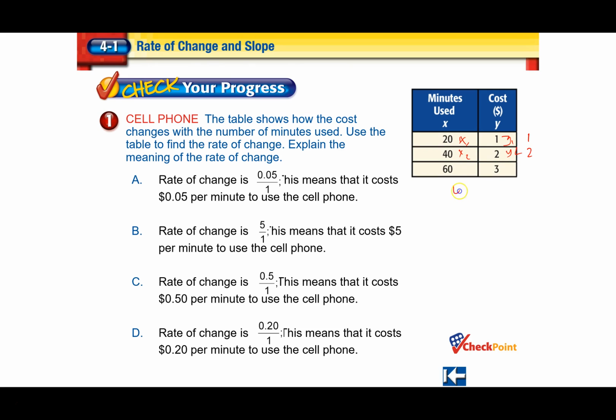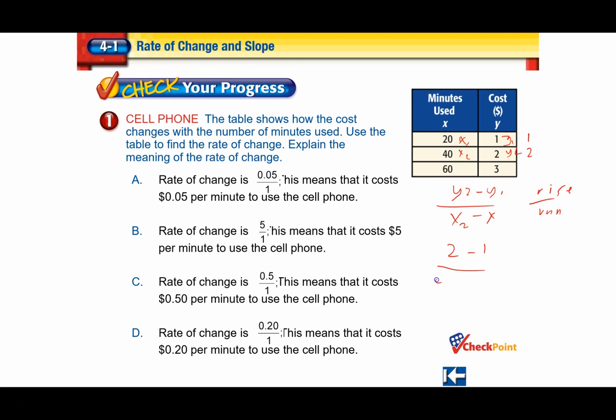We'll put that in the formula: y2 minus y1 over x2 minus x1, otherwise known as rise over run. So y2 is 2, and 1 minus 1 over x2 first. Yeah, 2 over 1, so x2.